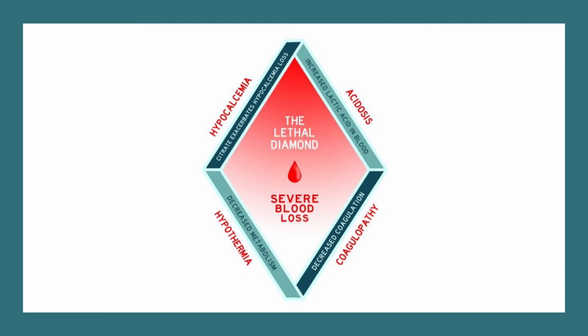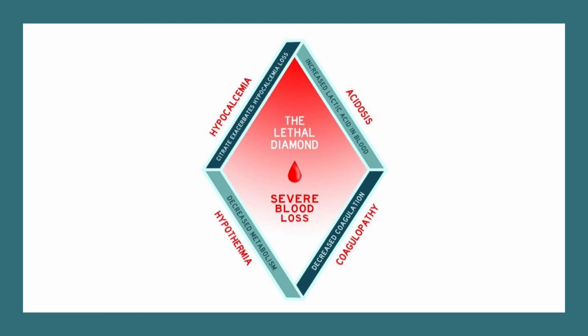Coagulopathy: our saline contains no clotting factors. Hypocalcemia: saline has no calcium in it. And hypothermia: none of the saline we're giving is 98 degrees warm. So really this is a good piggyback on the previous slide with MCIs and also trauma in general. Maybe hold off on those fluids. Like I said, the new one in there that makes it the diamond is hypocalcemia.